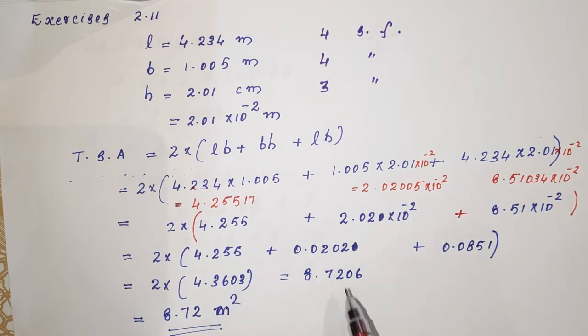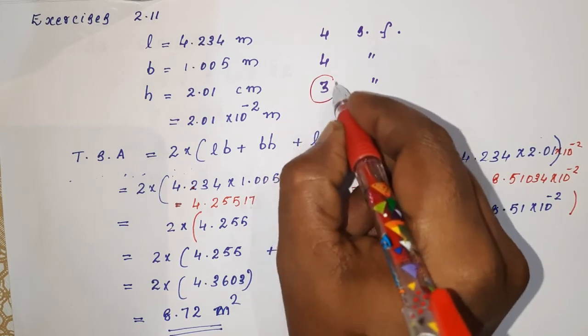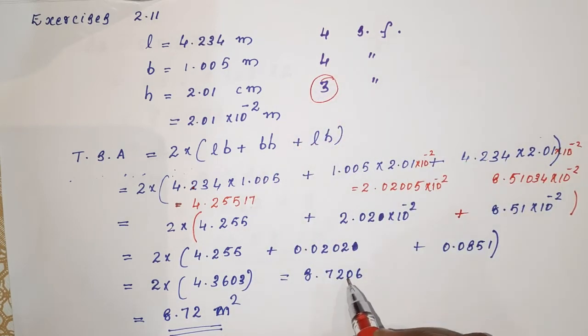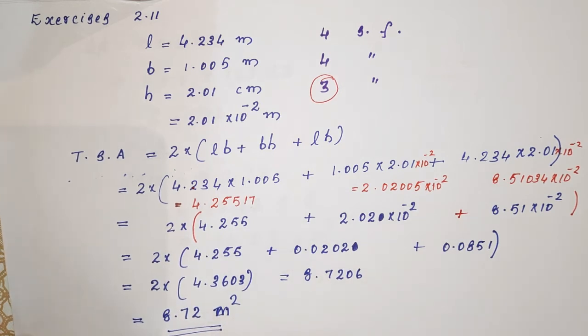When you multiply it with 2, you will get 8.7206. But in the final result, you are supposed to keep the least significant figures. 3 is the least significant figure, so you have to round it to 3 significant figures. By rounding, you get the answer to be 8.72 meter squared.